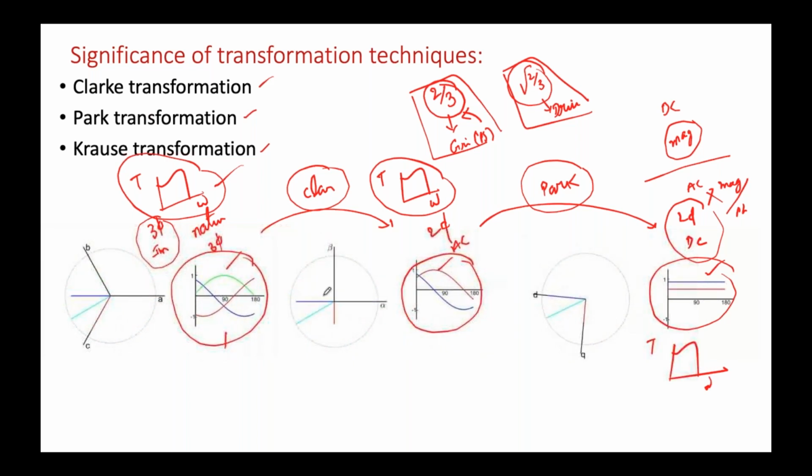So here what we are doing is extracting the same information, the torque speed profile, with a smaller number of variables. Here also, we are trying to extract the torque speed profile with fewer variables, with zero frequency signals. That is the beauty. That is the main aim of the transformation technique. By using the transformation technique, we can carry the same information.